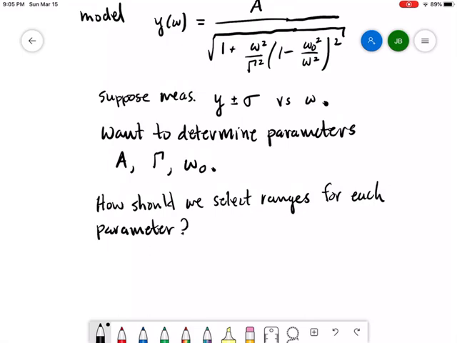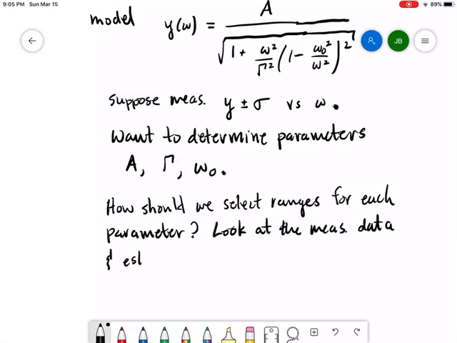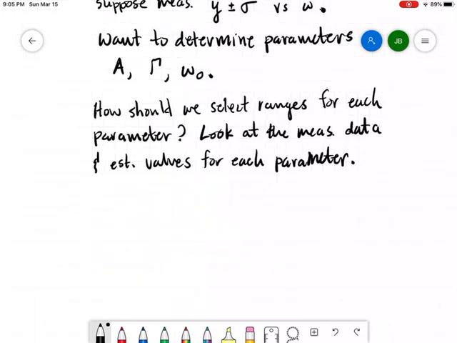And the answer is we should look at the measured data and estimate values for each parameter. If we took the measured data and made a plot of y versus omega, the frequency, it might look like something like this.